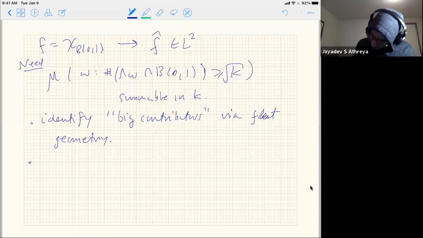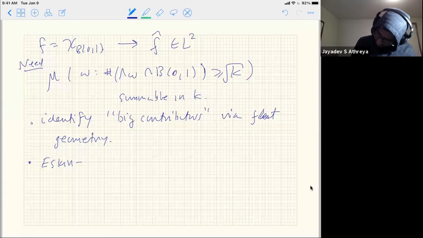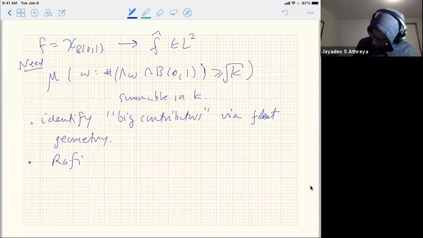Maybe a key idea also is that there is a beautiful decomposition of the surface, which is due to Rafi. I really should mention Rafi's name here.